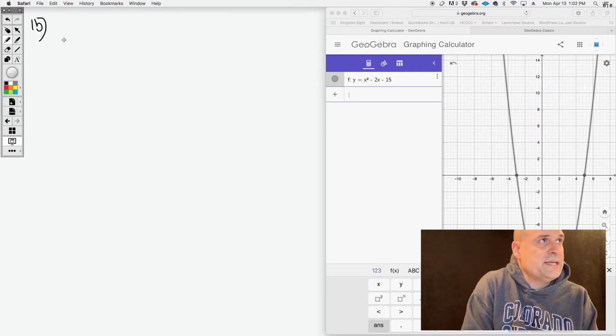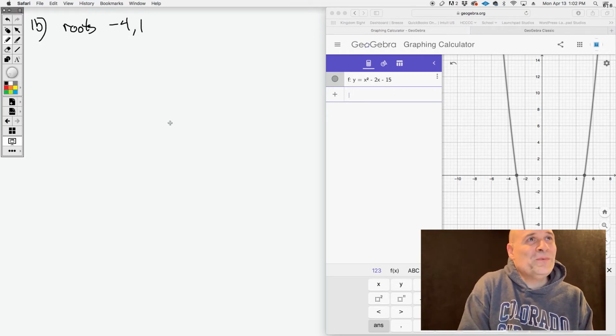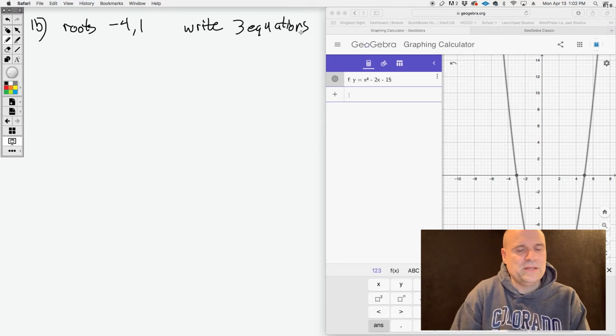Here's what 1B says. The roots are -4 and 1. Okay, and then we want to write 3 equations. Well, let's just write one equation the way we just learned it first, and then we can figure out how we can write multiple equations.